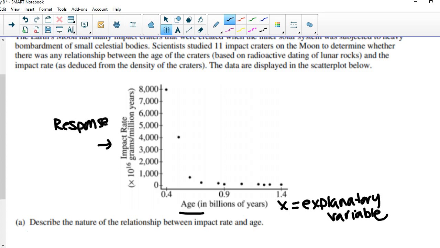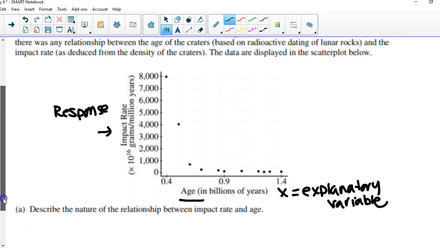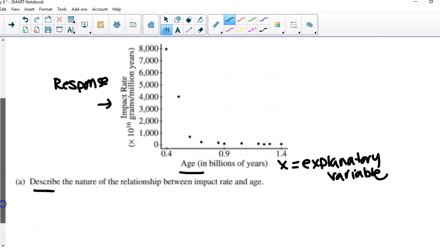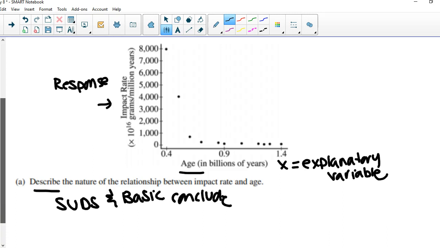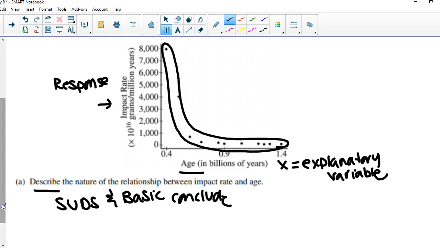The first question says, describe the nature of the relationship between impact rate and age. When in doubt, we're always doing SUDS and a basic conclude. You look at this and you see, okay, this SUDS is shape, so this is very curved.